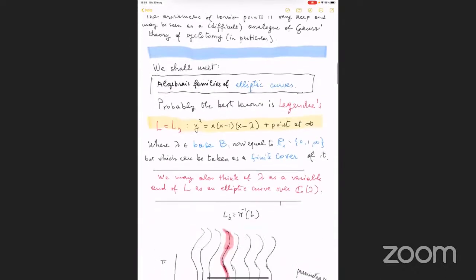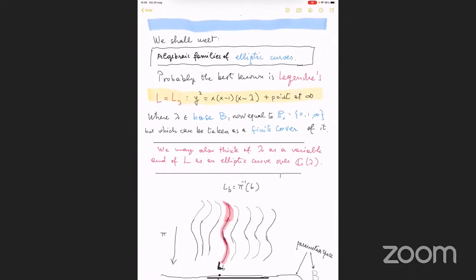So we shall work not with individual elliptic curves, but with algebraic families of elliptic curves. And I will work for the whole talk with the best known elliptic family, which is Legendre's elliptic family. What does it mean? Well, we have the equation, you see it in yellow.